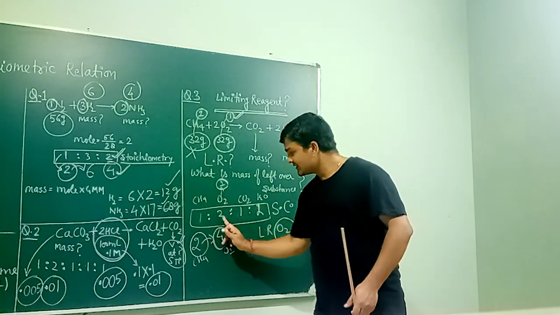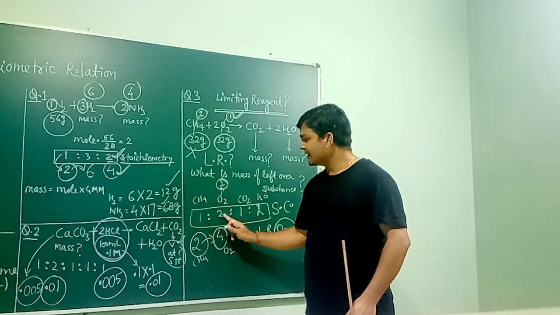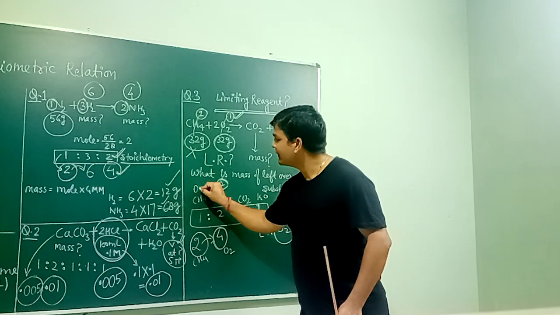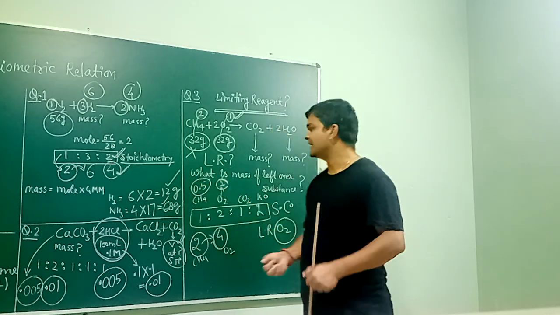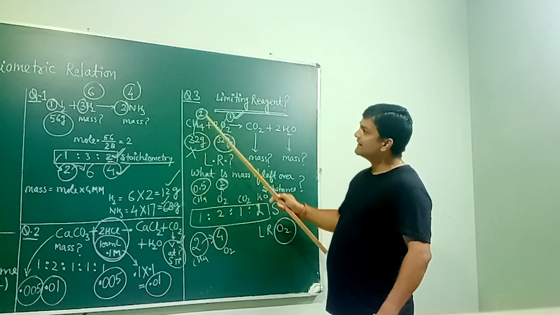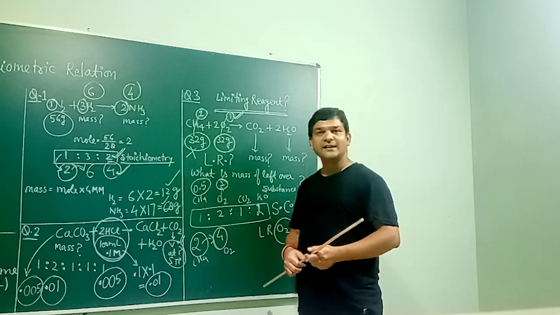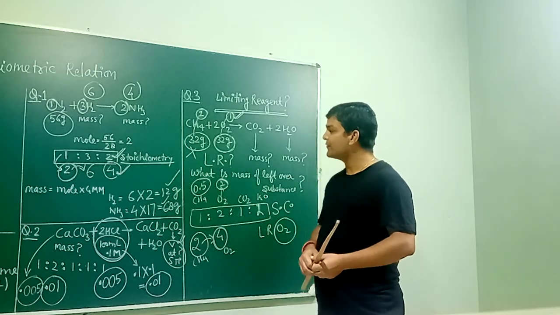Now look at the ratio, it is 2:1. If we have 1 mole of oxygen, we require only 0.5 moles of methane. Do we have 0.5 moles of methane? The answer is yes. We have much more methane than required for the reaction.